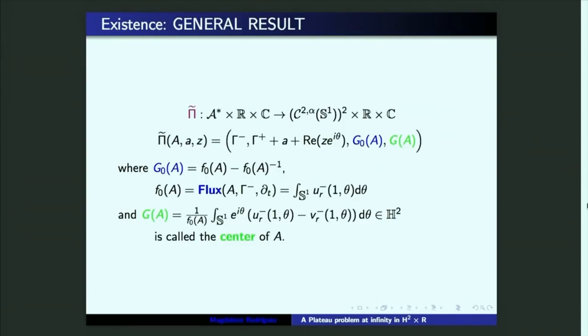The second factor there is what we call the center of the annulus. Why? Because, okay, if you forget this part now and this part, what you get is the flux. Since V was defining the graph, the contribution there is going to be 0, so you have the graph. Okay?